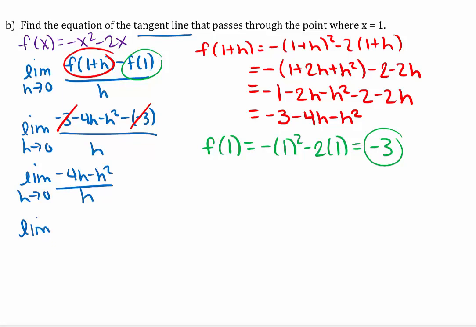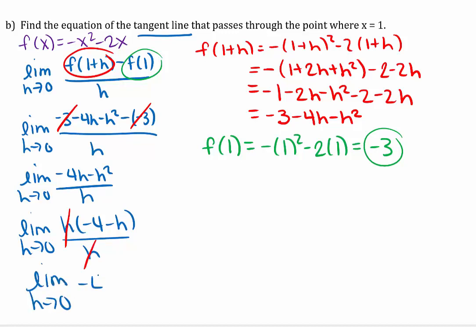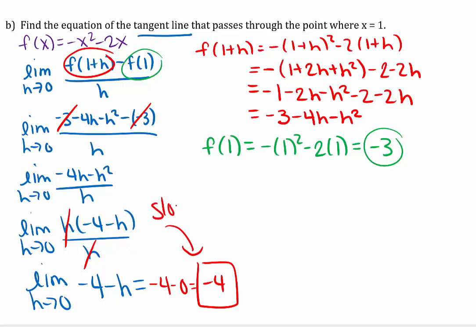We've got a common factor of h in the numerator. I can factor the h out of the numerator, and now I can actually cancel an h out of the top and the bottom. So I'm left with the limit as h goes to 0 of negative 4 minus h. If I plug in 0 for h, I'm just left with negative 4. So the negative 4 is my slope. That's my instantaneous rate of change, or slope of the tangent line.